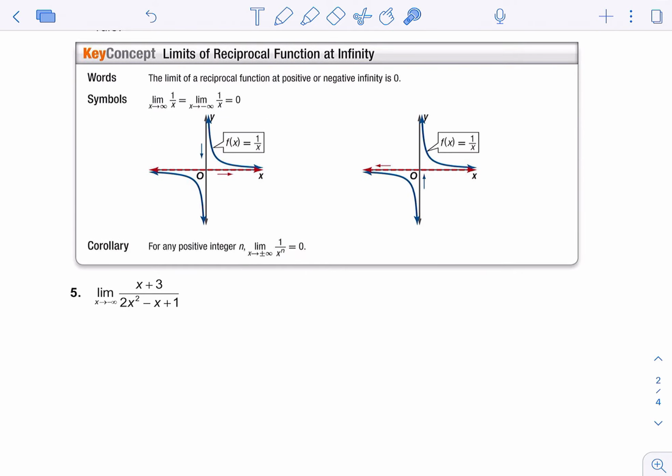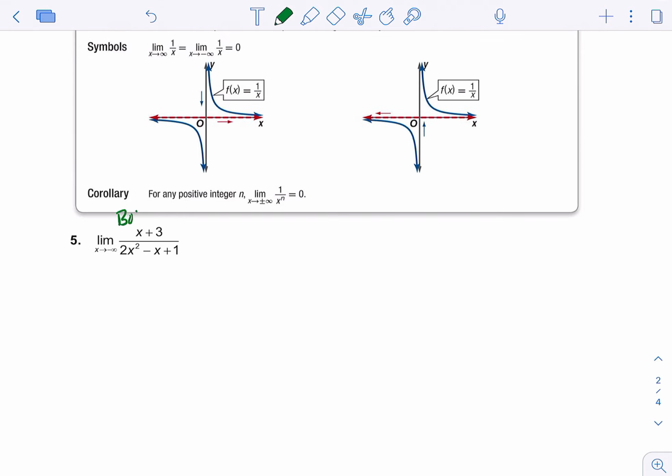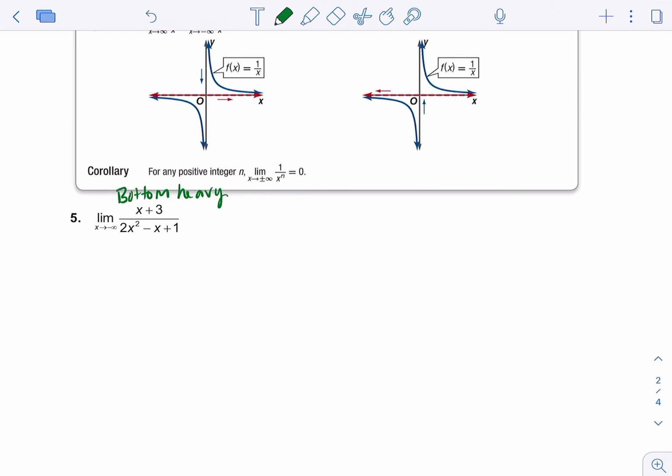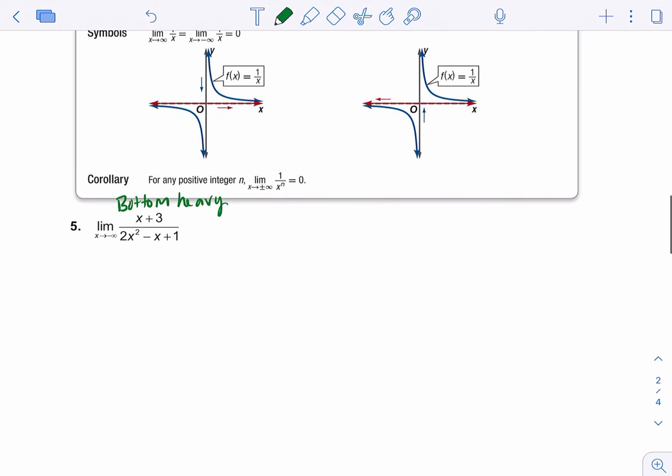So the limit as x goes to negative infinity, looking at this function, is bottom heavy. So it has a horizontal asymptote and limits follow asymptotes. So we can expect this to go to 0, but how can we prove this? So now what we're going to do is divide every term by the highest power of x in the denominator.